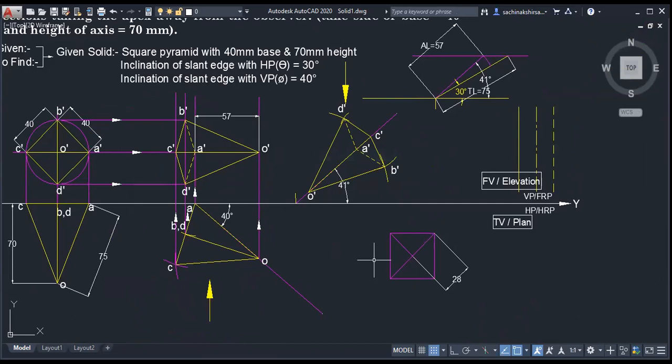Only rotation is important here, nothing else. Same view we have rotated. Nothing else we have done. Up to this is completed.